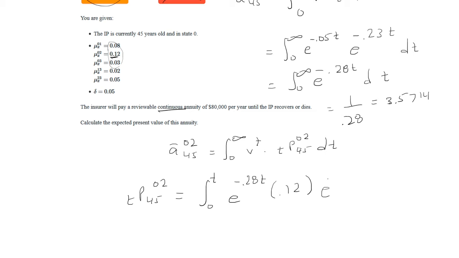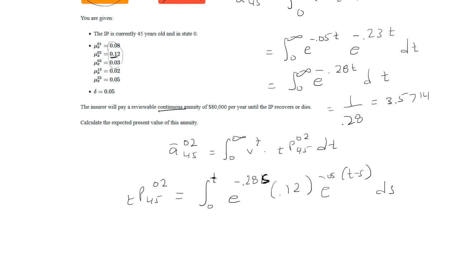So that is after, let's say, a period s. We don't want to use the same variable, since there's a t here, so we want to use a different one. So we're going to stay in state 0 for s years. That leaves us t minus s years to stay in state 2. So this will just be negative 0.05.